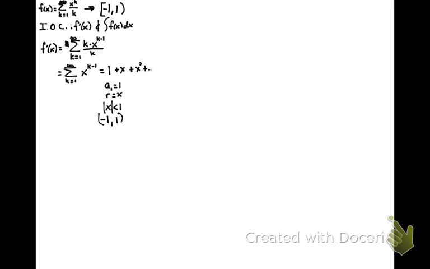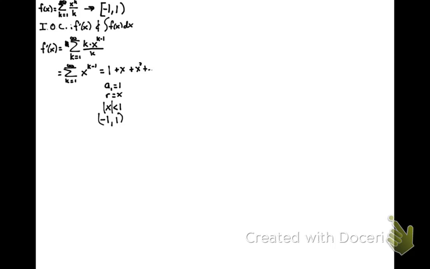So two keys here. One, to find the derivative of a function represented as a series, you just take the derivative of the rule. We'll have to test the intervals of convergence. And the interval of convergence of a derivative can be different from the function, in the sense that you can lose an endpoint.